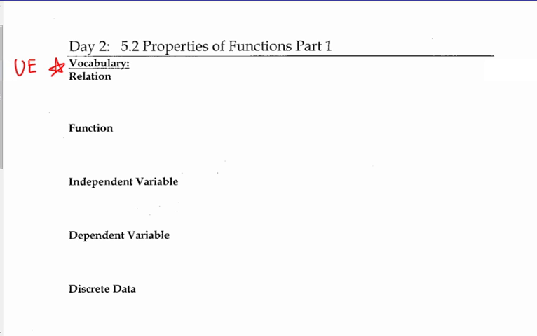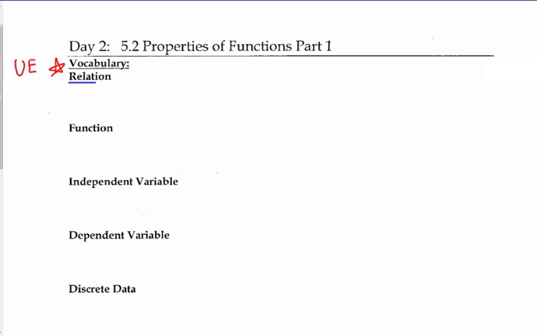So let's start with a relation. What is a relation? Well, what's the root word of relation? Relate. Okay, so in terms of mathematics, let's think of it in terms of graphing, x and y. There's some sort of relationship that connects our x and y together. There's some sort of association there.